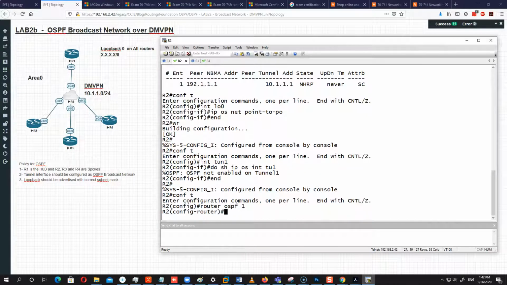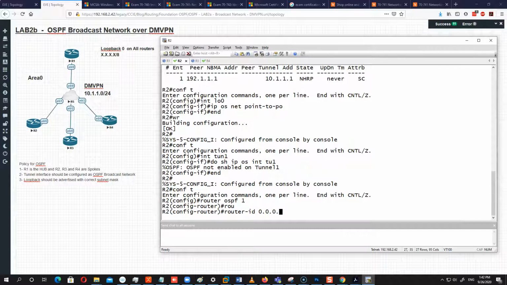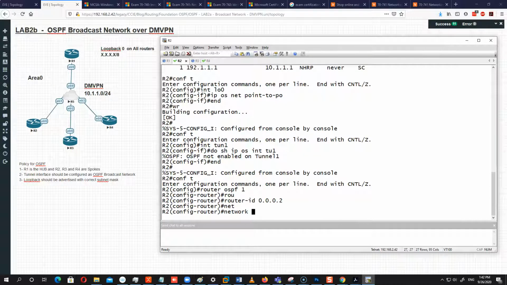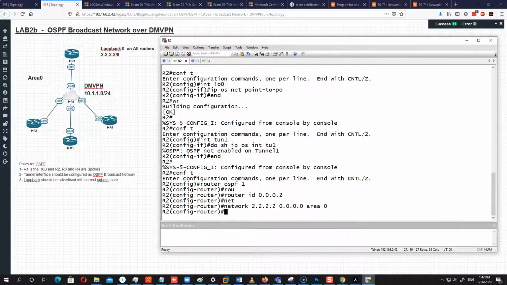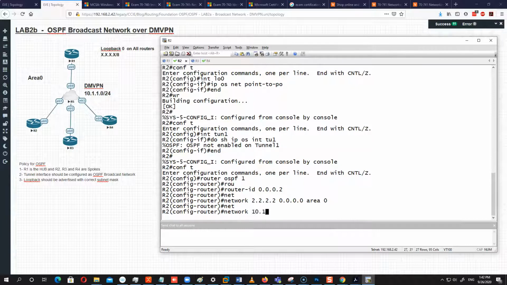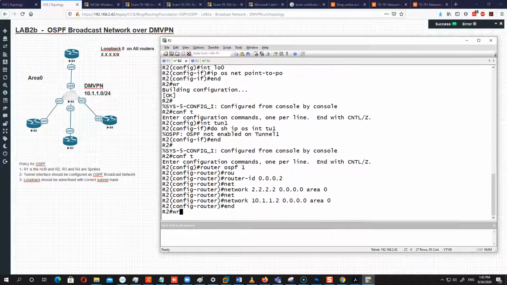Router OSPF 1, router ID is going to be 0.0.0.2, and then network will be 2.2.2.2 in area 0, and then network 10.1.1.2 in area 0. So this is done.